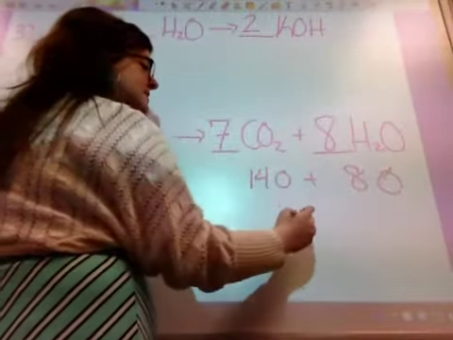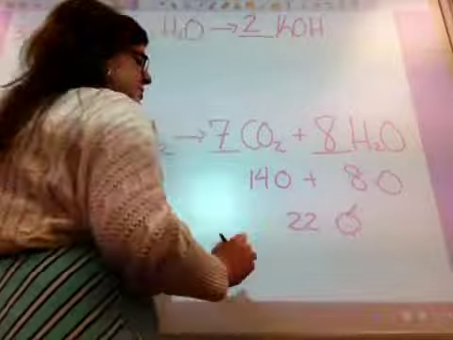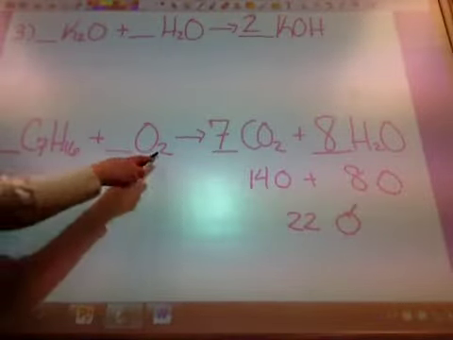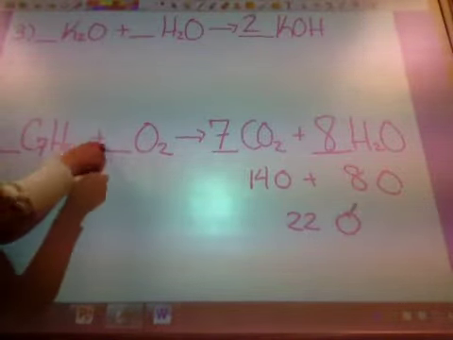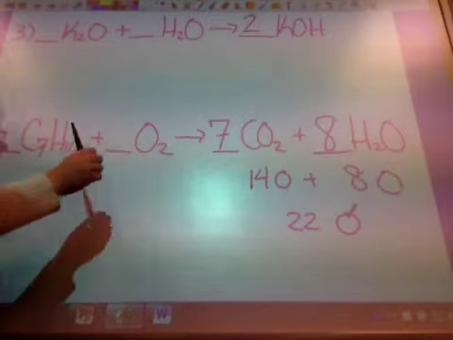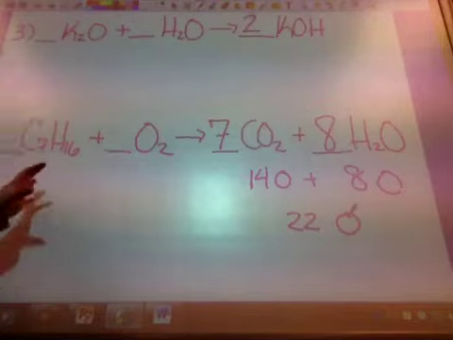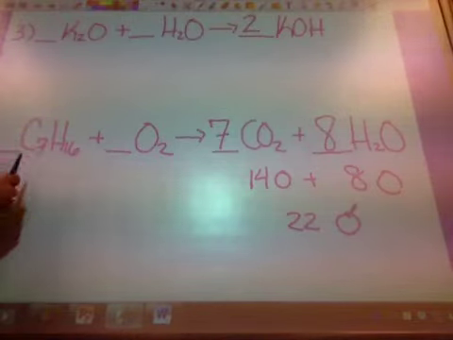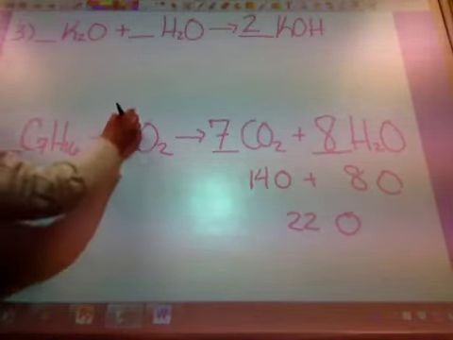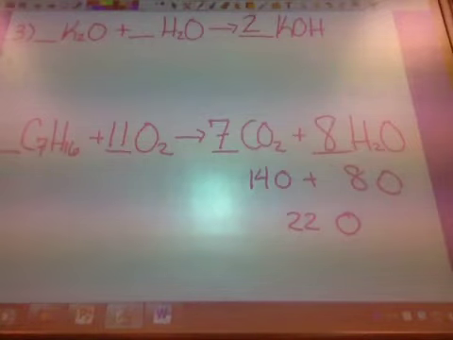So total on this side I have 22 oxygen atoms. Well, I only have 2 right here. So whatever number I have here multiplied by 2 needs to equal 22. So something times 2 has to be 22. What number am I going to write here then? 11.